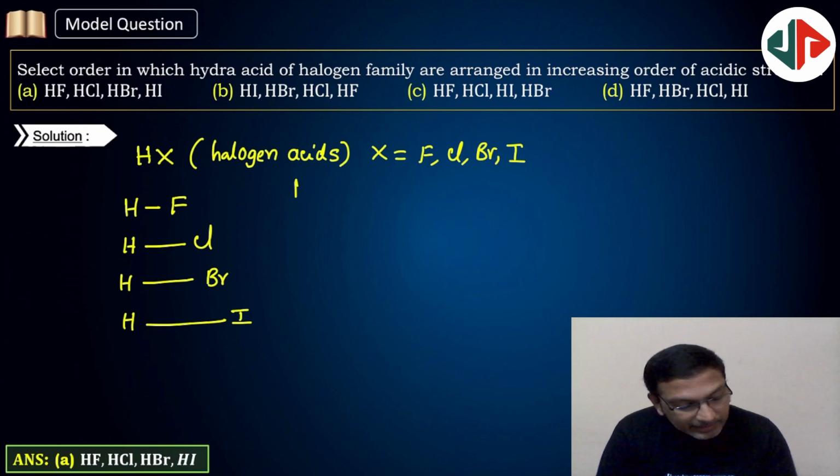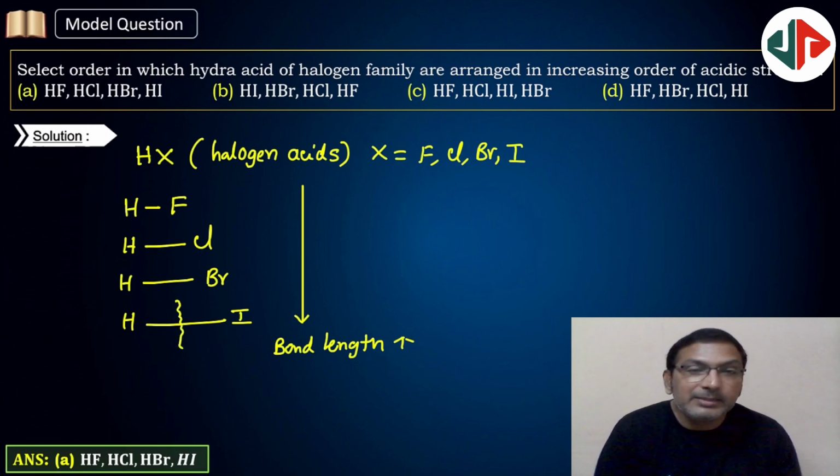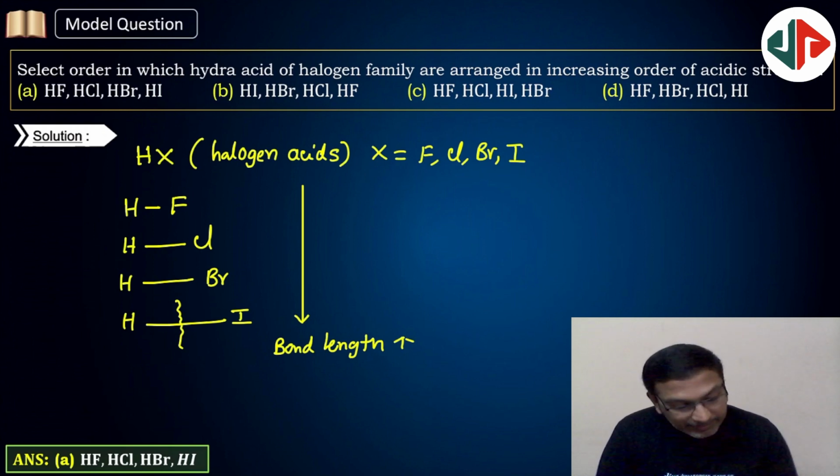So in this direction, bond length increases. Due to increase of bond length, it will give H plus ions more easily. So therefore, acidic strength also increases.